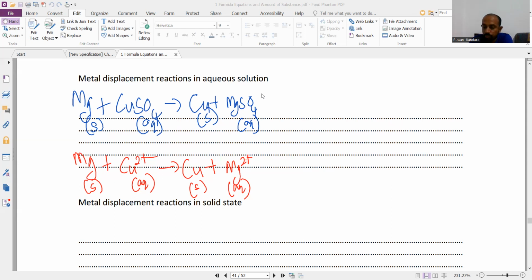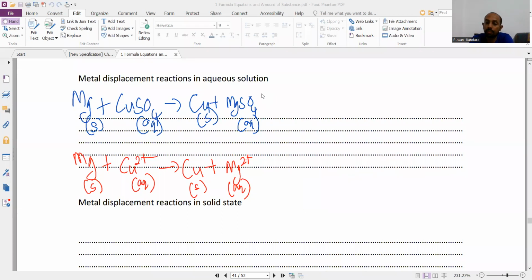Is there a color change? What kind of color change? Here I'm asking what you can see, that means observations. Now, if you are going to say this is a redox reaction, it's no mark. You have to say what the color change is.